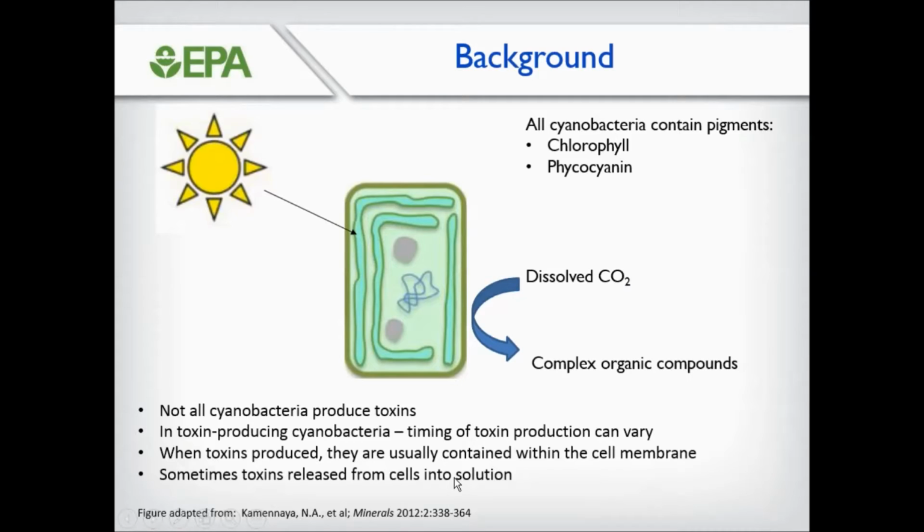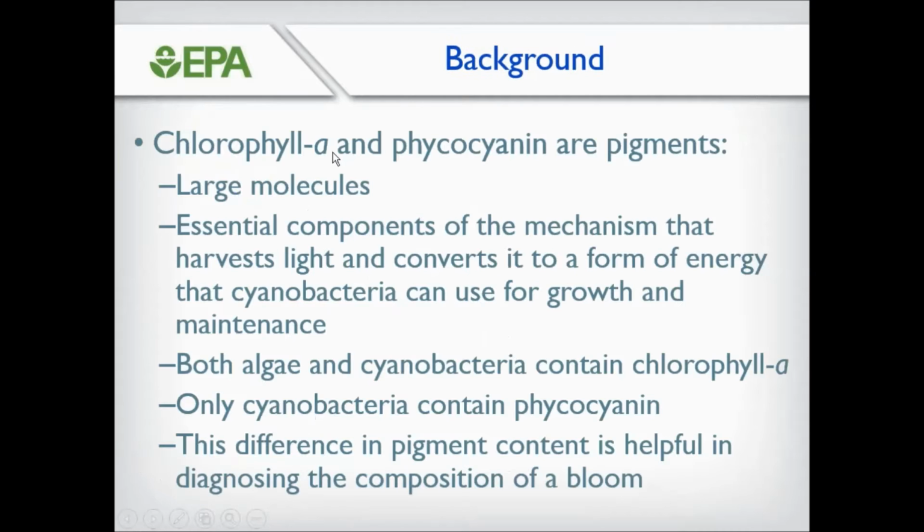From a water treatment perspective, and we'll get into this again later, things are a lot easier if the toxins stay contained within the cell membrane. Also, if you look in the upper right-hand corner of the slide, all cyanobacteria contain pigments, and 2 of the major pigments are chlorophyll and phycocyanin. Chlorophyll, specifically chlorophyll A, and phycocyanin are large molecules, and these molecules do a couple of things.